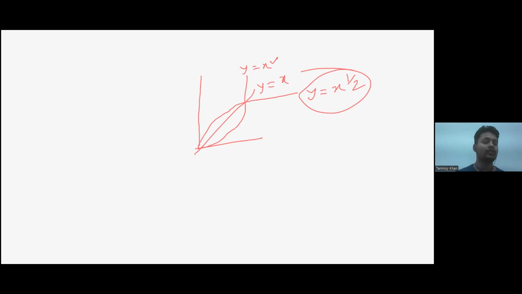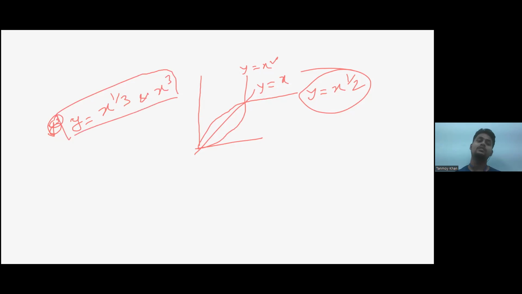Now let's say you want to draw y equals x to the power third and x to the power one third in the same plot. If this is the question you have been asked, how can you draw it? This is very similar to this. Let's say y equals x, you already know this.